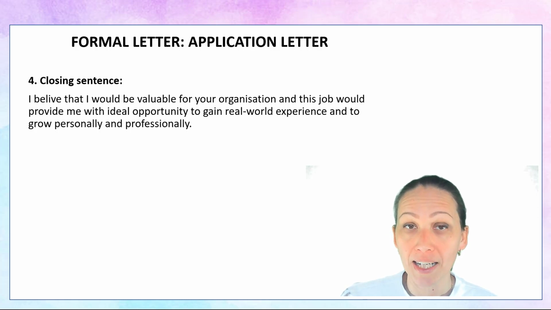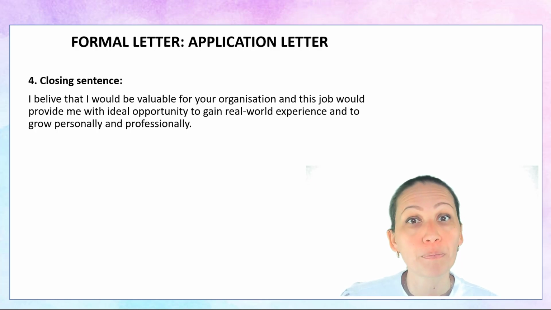So I'm saying that from my point of view, I would be valuable, I will be beneficial for your company. But at the same time, this job will give me some benefits as well, because I'm going to get real world experience, work experience that I haven't got now.